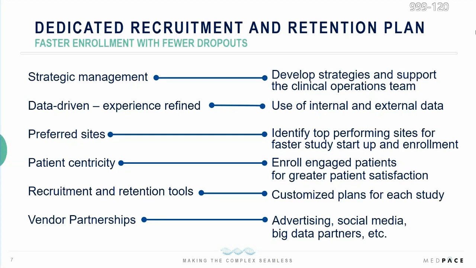And so we need to make sure that on every study that we're appropriately identifying what tools, be it materials or other digital tactics, advocacy, what will apply for that particular study. And then we're leveraging our vendor partnerships. And so do we have partnerships with advertising firms, with patient recruitment groups? Do we have social media? We have big data partners. Really all of those vendor partnerships that help us support faster enrollment timelines.